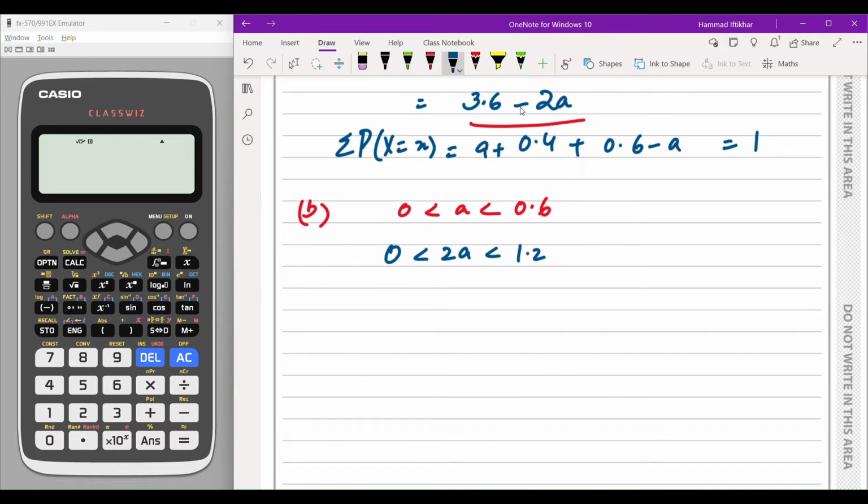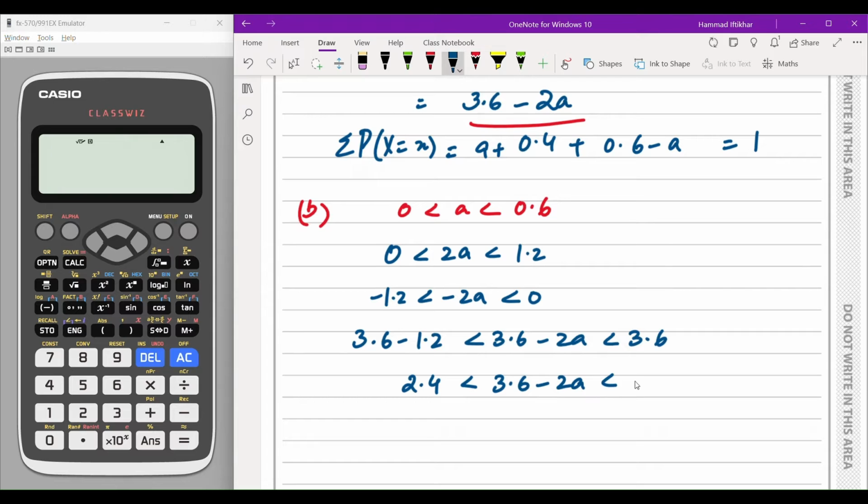When we turn it minus, minus 2a is between minus 1.2 and 0, and then adding 3.6, 3.6 minus 1.2 is 2.4, so 2.4 is less than 3.6 minus 2a, which is less than 3.6. So this is the range for expectation.